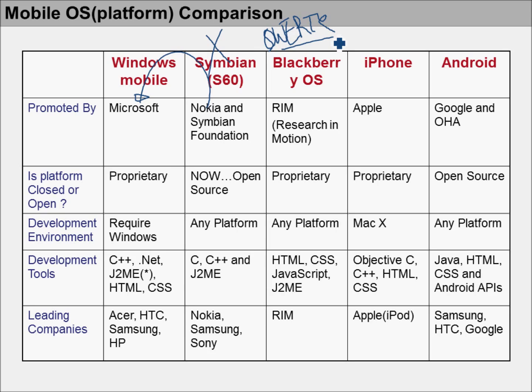Their QWERTY keyboard was one of the most important features of their phone. Although they have been a leader in smartphones, and every executive in the world had a BlackBerry phone, over the last year or so the market share has been going down, and we don't know whether this company is going to be in the market for long. But the company name is RIM, Research in Motion. It is a Canada-based company.